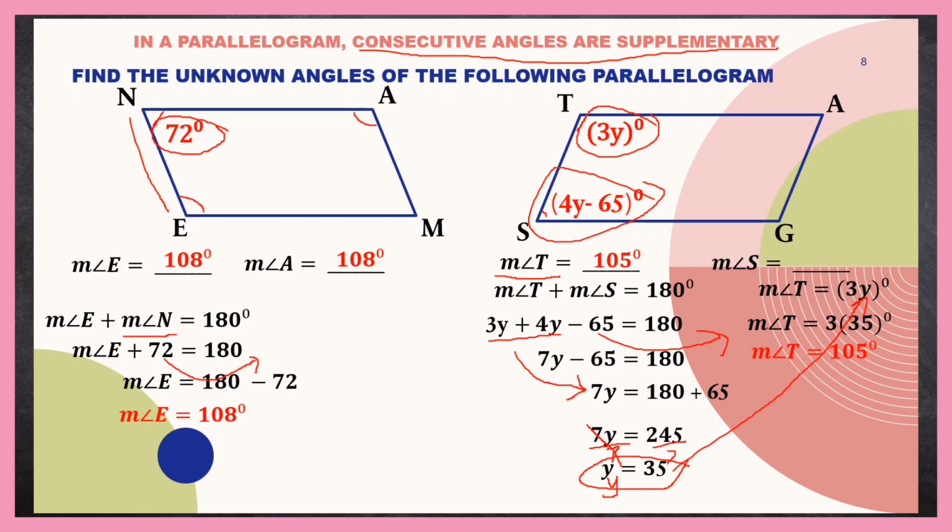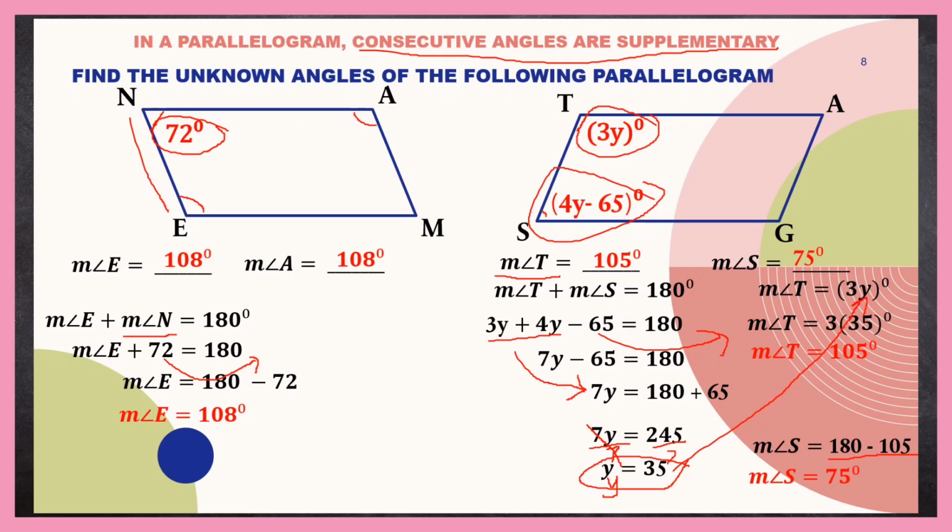Then, to solve for the measure of angle S, you don't need to use 4y minus 65. Let us use 180 instead. Because they are supplementary, and the sum of the two angles is 180 degrees, we can write 180 minus 105. So the measure of angle S is 75 degrees.